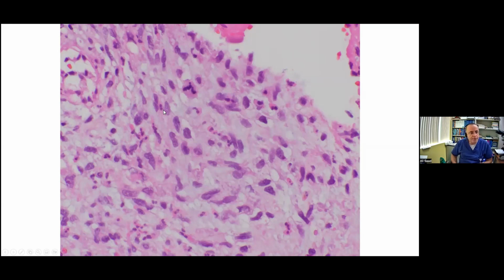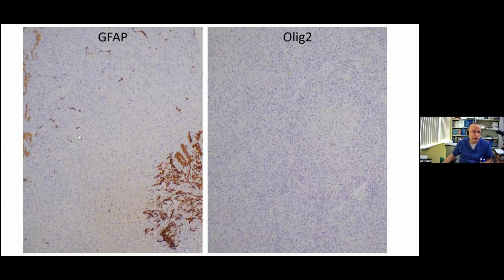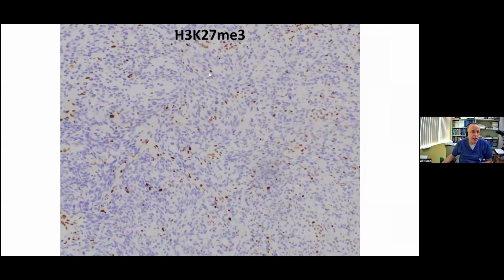nuclei. The first thing to rule out, obviously, is a glioma, and this was ruled out by the negativity of GFAP. Here you can see some entrapped white matter, but the tumor is negative, and OLIG2, which is a pan-glial marker, is negative. H3K27me3, which is a stain that we use for MPNST, is positive in normal tissue.